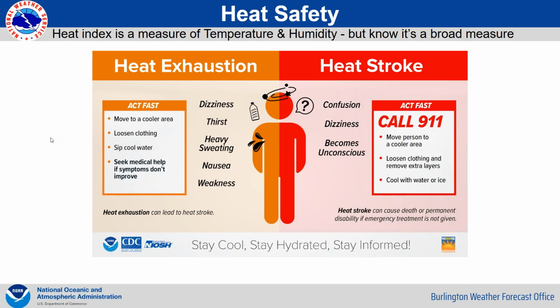If you catch it at heat exhaustion, then you can cool off, seek shelter, find shade, drink plenty of water, take a pause to kind of collect yourself from the heat. But if you've advanced to heat stroke, call 911 at that point. That's a medical emergency by the point it has reached heat stroke.